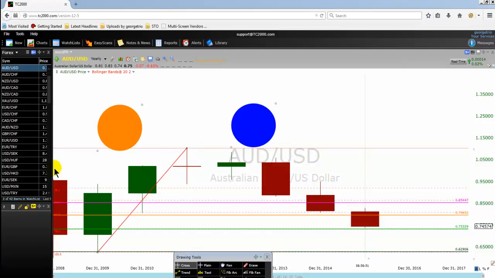As you can see, from 2007 to 2008, the global economy was in recession, and from 2009 to 2011, it was still in recession. When the Federal Reserve was busy printing dollars, you can see that the Australian dollar, US dollar currency pair was going up from 2009, 2010, 2011, and was bullish because the US economy was in recession.